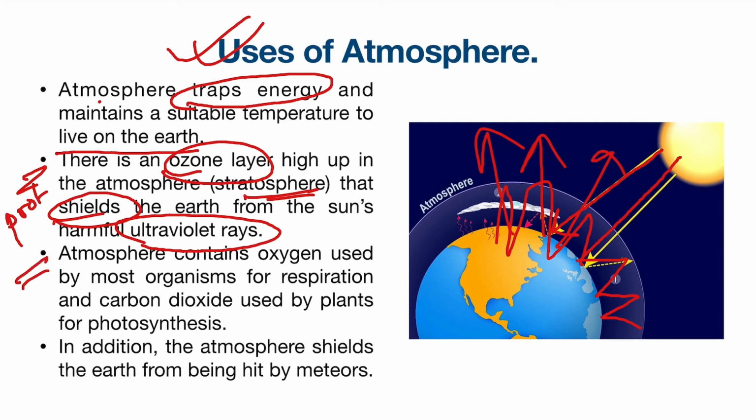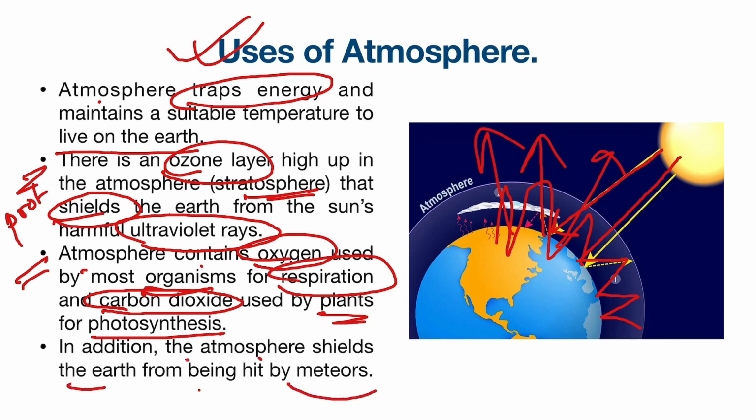Next we have that the atmosphere contains oxygen, obviously, and because of this oxygen, organisms are able to do respiration. That means they are able to breathe. Even plants can do photosynthesis because carbon dioxide is present in the atmosphere. And lastly, the atmosphere shields the Earth from being hit by meteors.